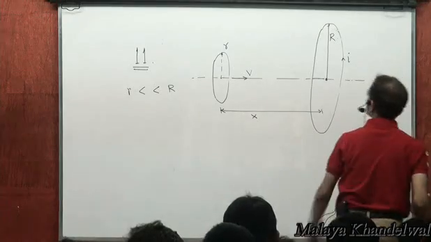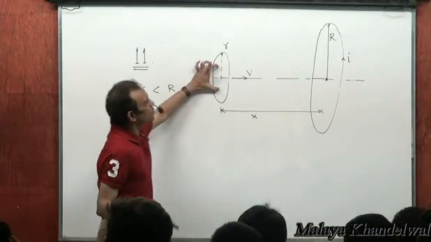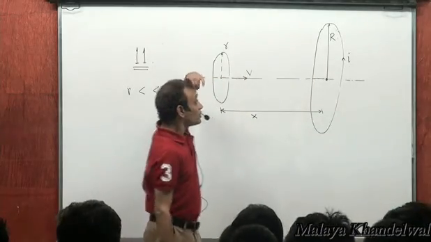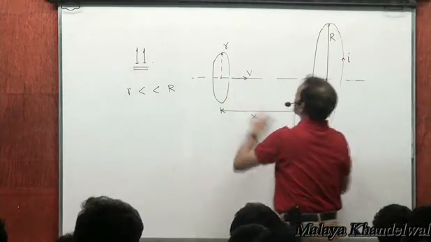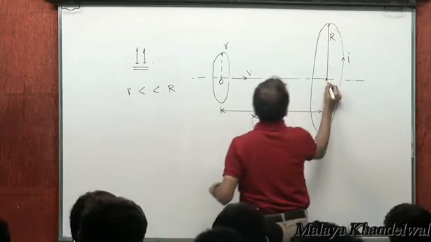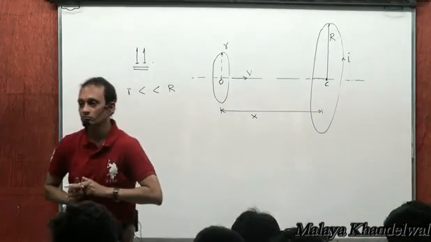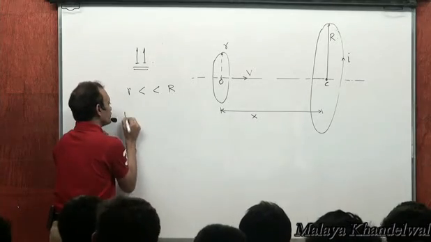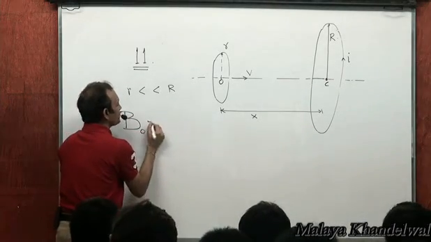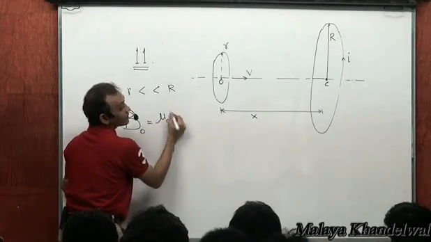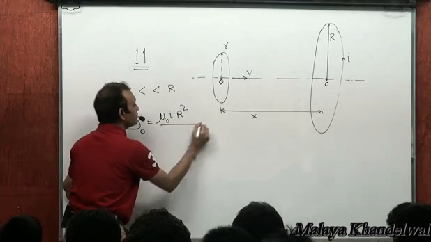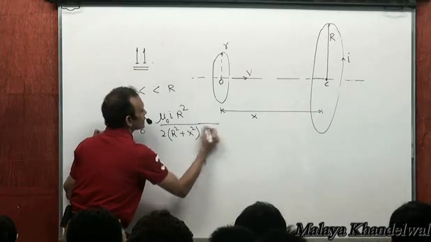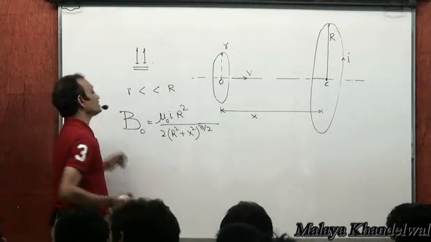Now, look, small r is much smaller compared to capital R. So this I produces a magnetic field at the center O of small r. What's the magnetic field produced at O by this? Magnetic field produced at O is mu naught I R squared divided by 2 (R squared plus x squared) to the power 3 by 2, which is the B naught produced.